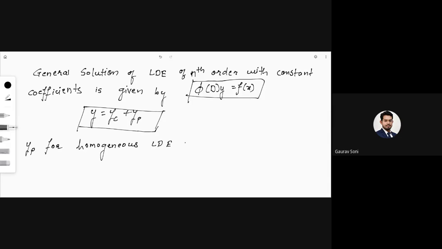What do you say homogeneous? The right hand side is 0. We have seen that our particular solution yp needs to be found out using the right hand side. And if in homogeneous the right hand side is 0, then yp needs to be 0.